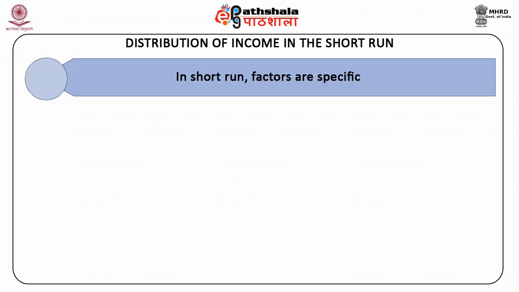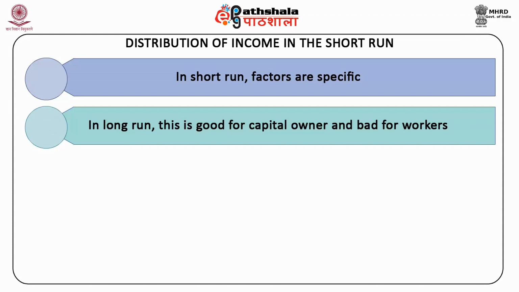This difference in short run and long run is very important for understanding the income distribution effect. Suppose that international trade leads to a decrease in the relative price of good X, the capital intensive good. In the long run, this is good for capital owners and bad for workers.